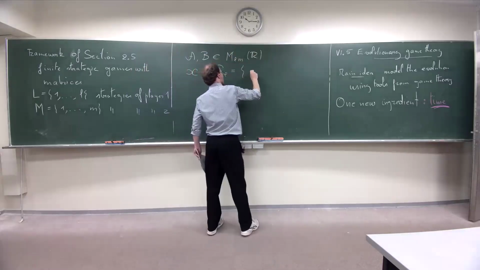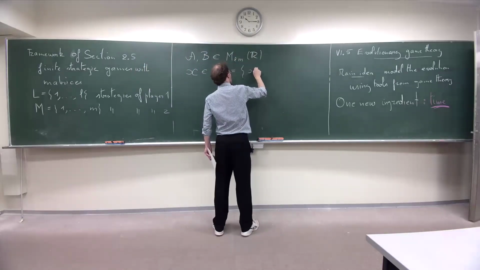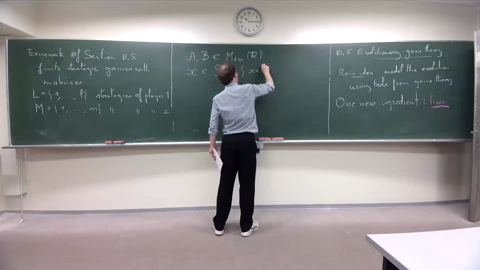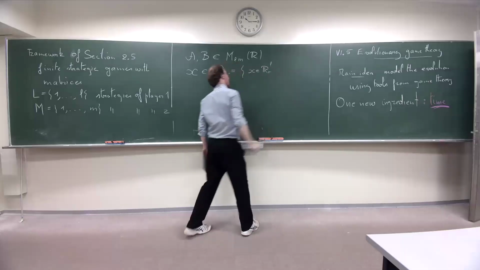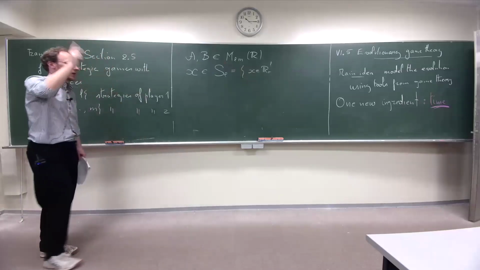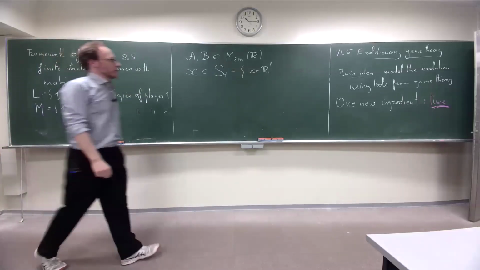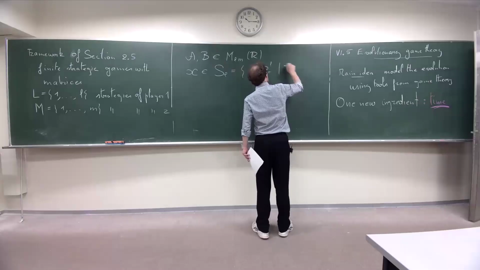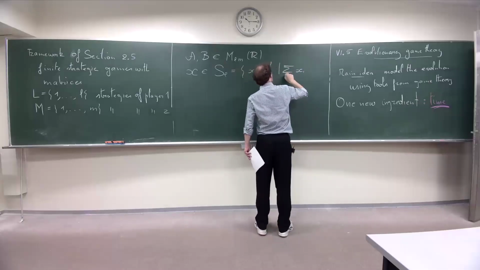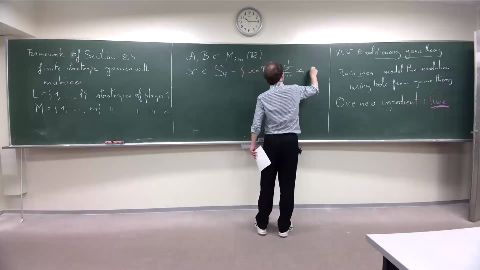Remember, it's the set of X belonging to R_+^L, so it's L positive entries such that the sum of x_i, i from 1 up to L, is 1.